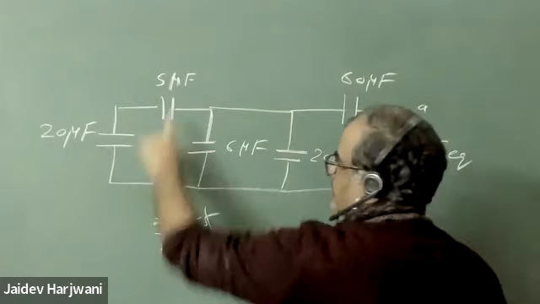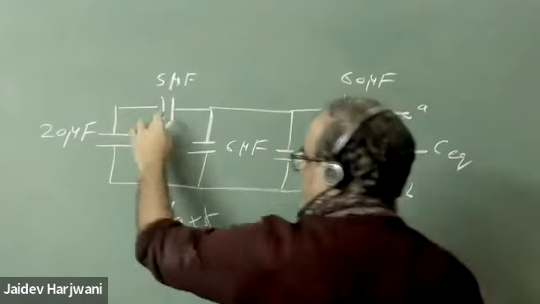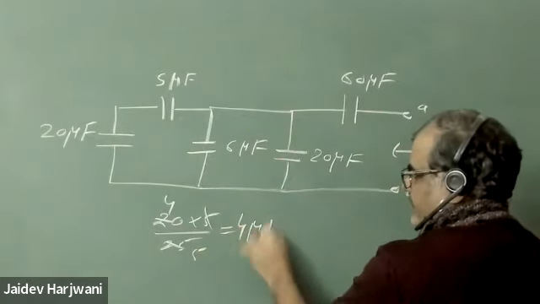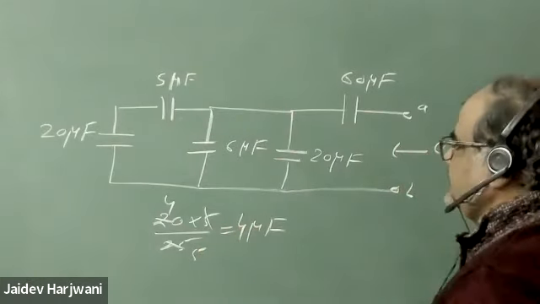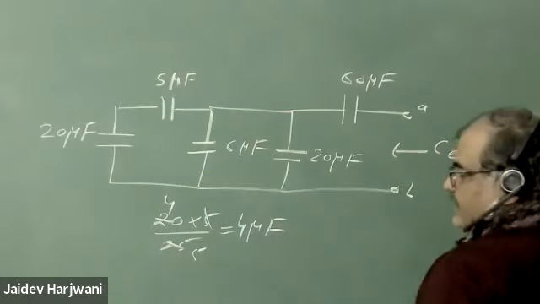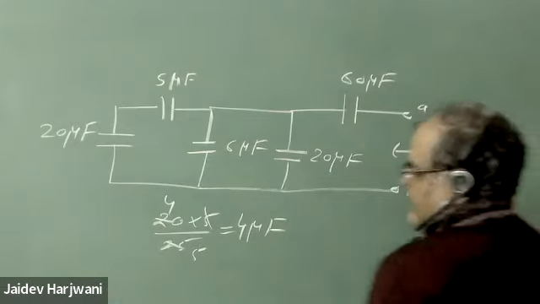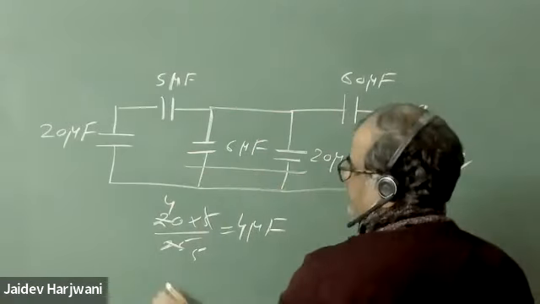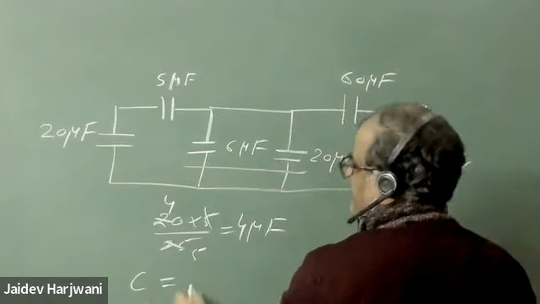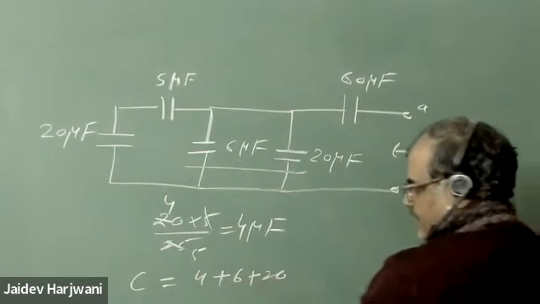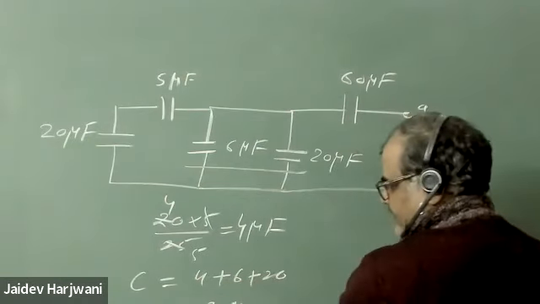So now the equivalent of these two is 4 microfarad. Then this 4 microfarad, 6 and 20, they are parallel, so I can add them together. So this will give me 4 plus 6 plus 20, which becomes 30 microfarad.